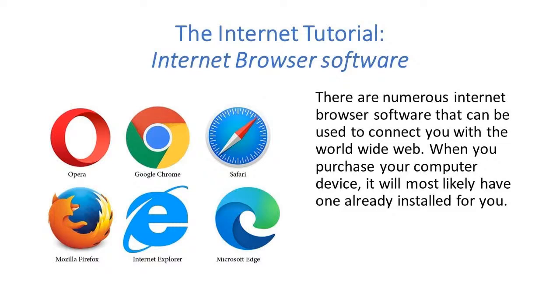Right, okay, so we've already demonstrated this, so you can see some of these are the different types of browsers you can use. At the moment I've been using Edge, that's the one I have installed on this computer, but you can also install Chrome or Mozilla, Safari, Opera. There are so many different ones, but the main ones tend to be either Microsoft Explorer, Edge, Chrome.